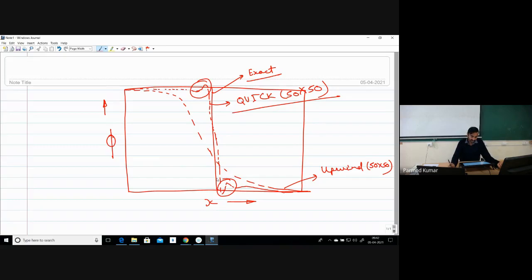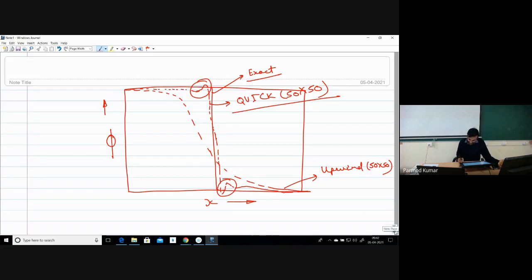So we have to devise ways which take care of the stability part and moreover the accuracy part. In order to maintain accuracy, we need higher order. At the same time, we don't want these unwanted oscillations.